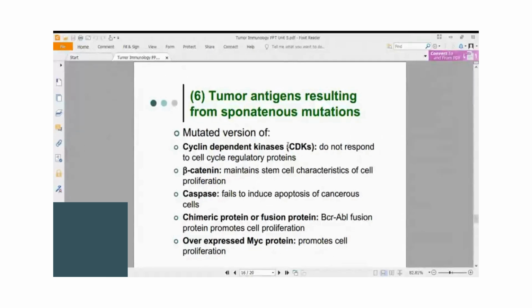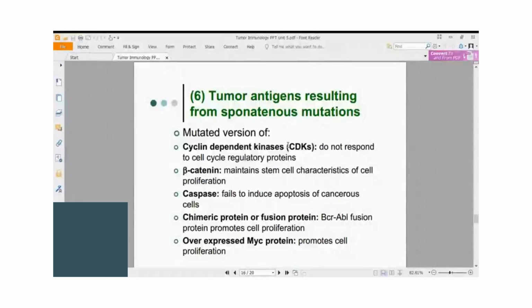If the cell cycle goes haywire, then abnormal growth of cells takes place, meaning a large number of cells will be formed. So the tumor cells have adopted a mechanism: the cyclin-dependent kinase, which is capable of responding to a cell cycle regulatory protein, has been made unresponsive by mutation, so that regulatory protein cannot bring about control on the cell cycle.